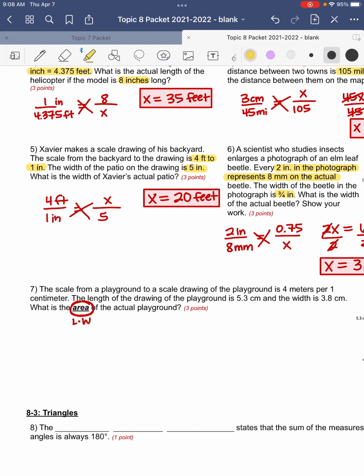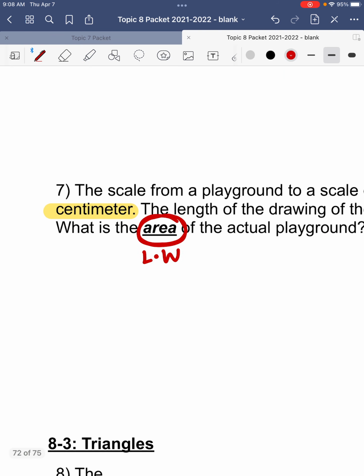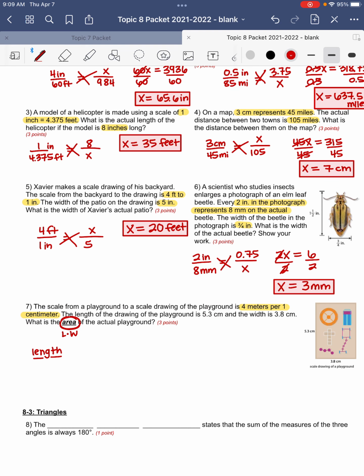Okay, so important information to start with. We know that the scale is 4 meters per 1 centimeter. It doesn't matter if we do it as model over actual or actual over model, as long as we're consistent. So we're going to start by finding our actual length, and we're going to use the scale.